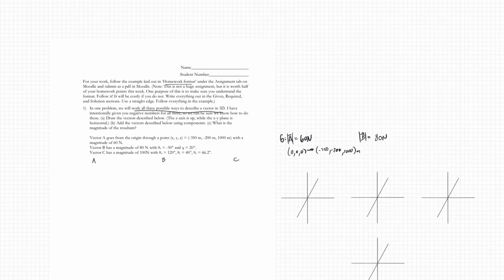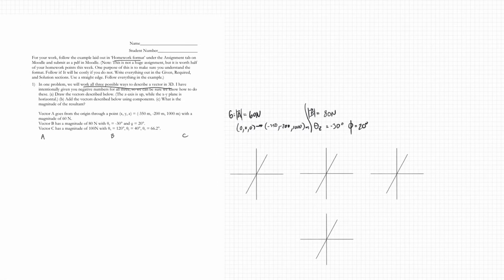And then it's got angles, which are a little bit annoying, right? Theta Z equals negative 30 degrees, and phi is 20 degrees. And then this last one, C, has a magnitude of 100 newtons.